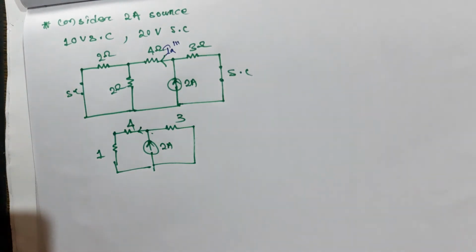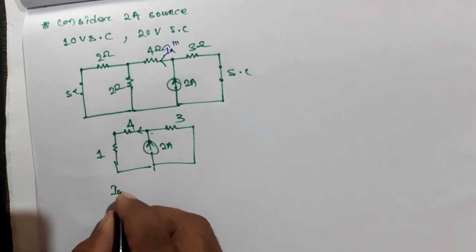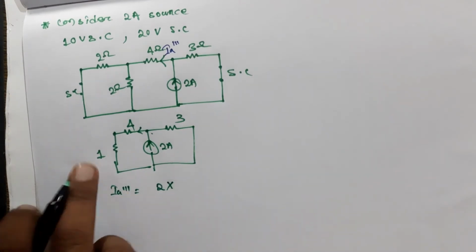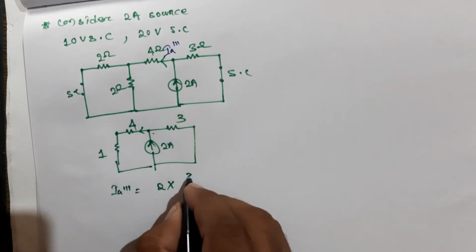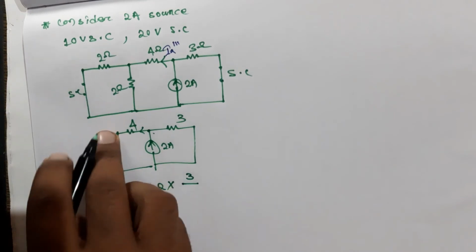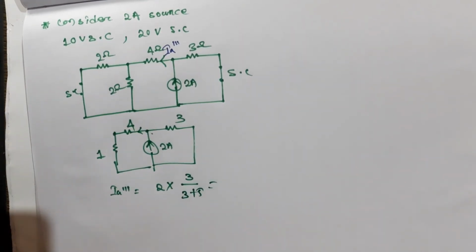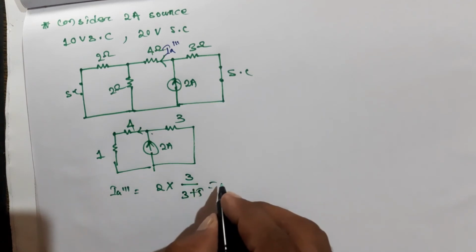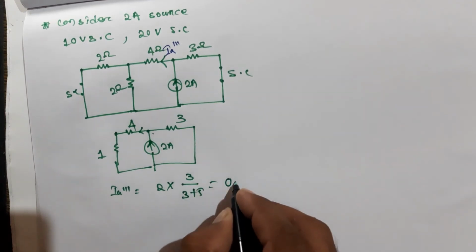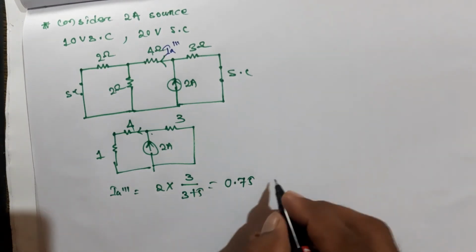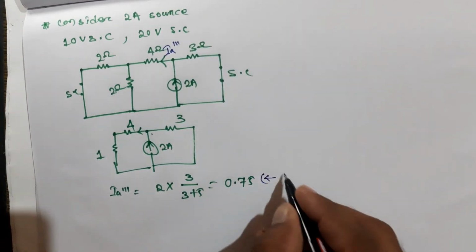IA triple dash is equal to 2 into the opposite resistance 3, divided by the sum of resistances 3 plus 5, which is 0.75. Here you can see the current direction is right to left.